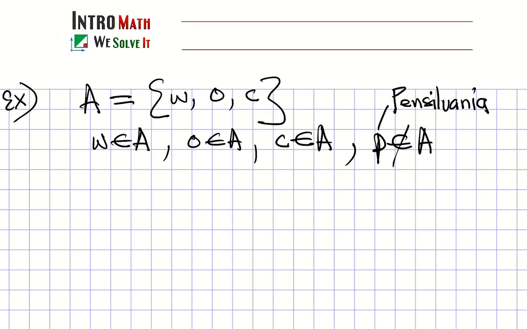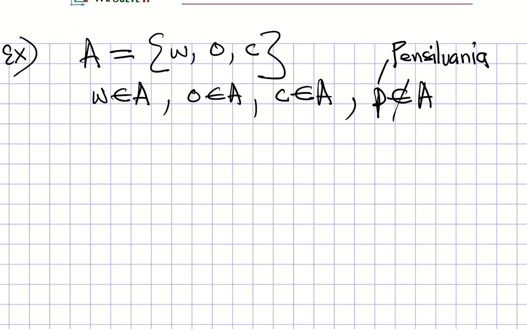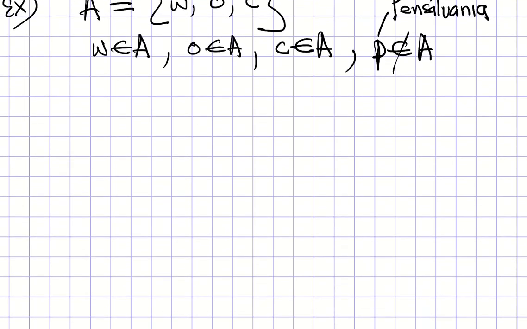Of course, W stands for Washington, O stands for Oregon, C stands for California, right? So I want you to get that. Try to understand that. If you understand that, everything else is a piece of cake.